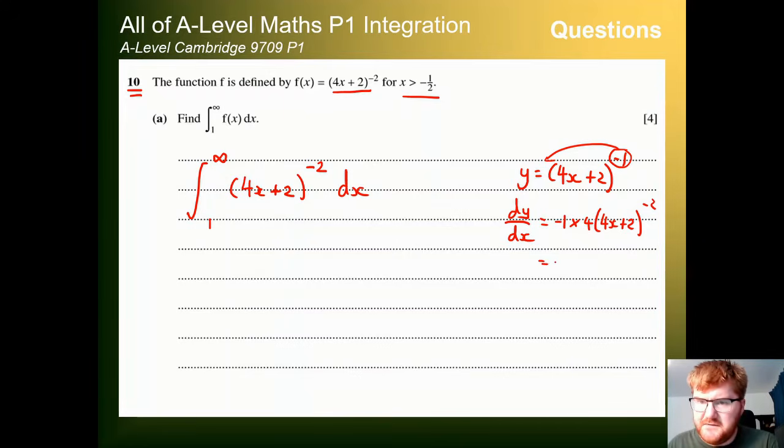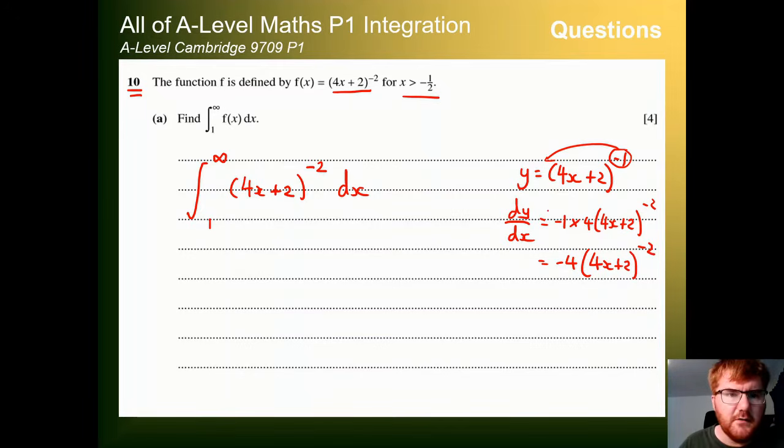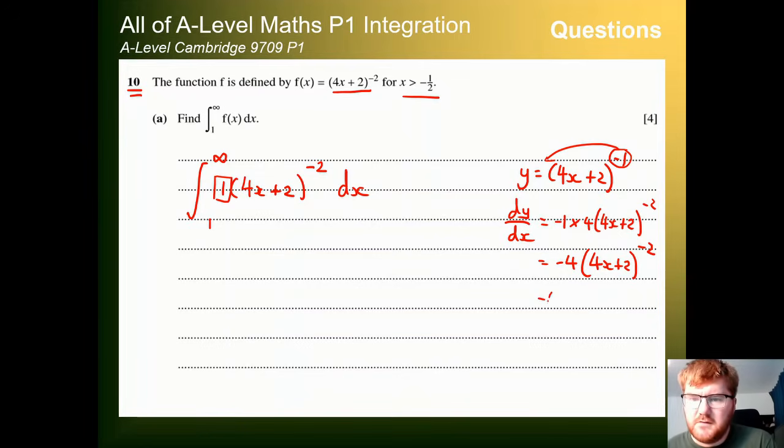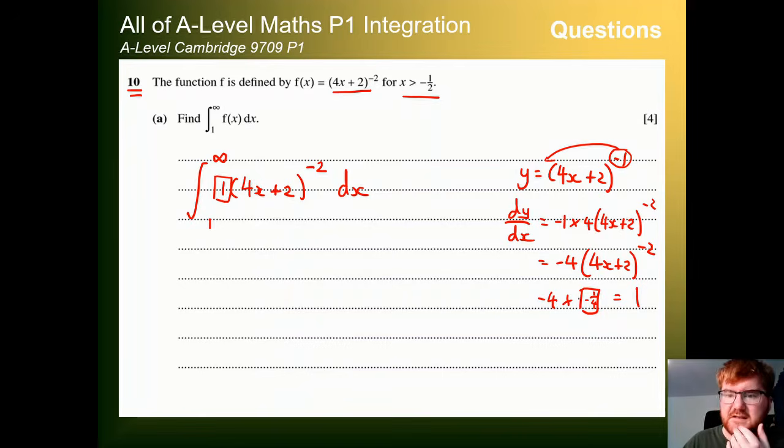So minus 1 times 4 is just minus 4. So (4x plus 2) to the power of minus 2. And here we're working backwards. So notice you've got nothing out the front here. We've just got this 1. So what do you multiply minus 4 by to get just 1? Well, we need to multiply by negative a quarter. Because minus times a minus is a plus. 4 times a quarter is 1.